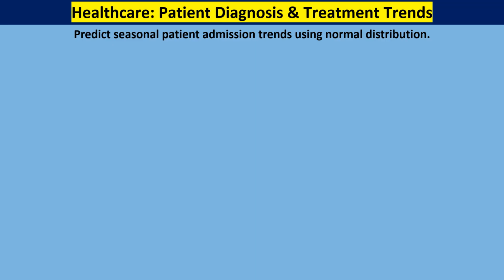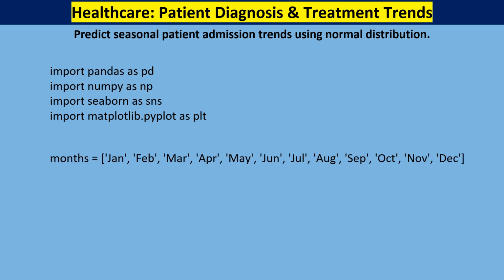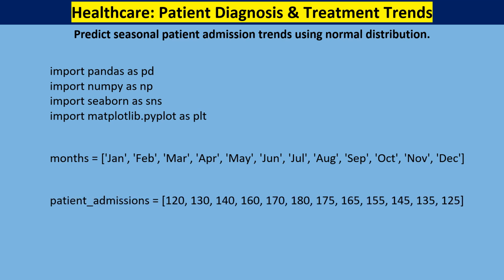Healthcare, patient diagnosis and treatment trends. Predict seasonal patient admission trends using a normal distribution. So obviously we import the necessary libraries, and then we define the months of the year, January to December, and then simulate patient admissions over 12 months. That is the number of patients for every month.